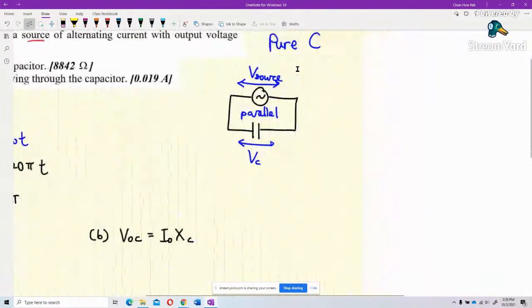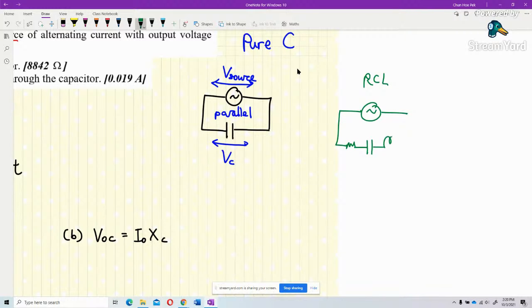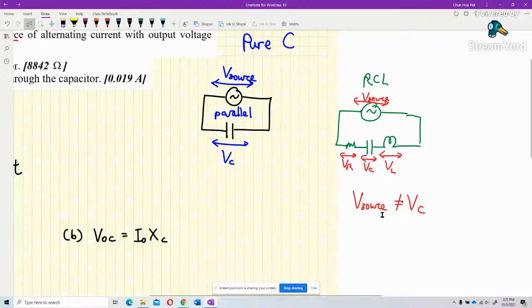Unless you have multiple components like an RCL circuit. Let's say you have a source and many other components: resistor, capacitor, inductor. Here you have VR, you have VC, you have VL. For this case, V source is not VC, because it's not pure anymore. It has many components.